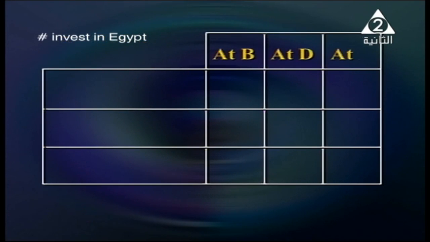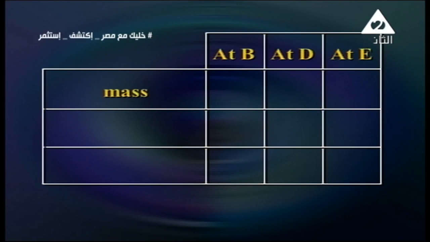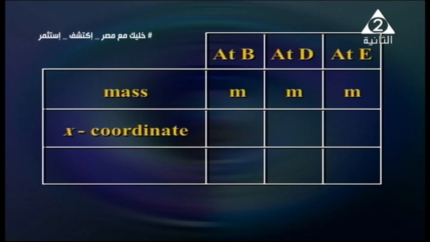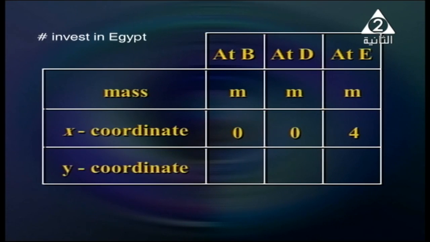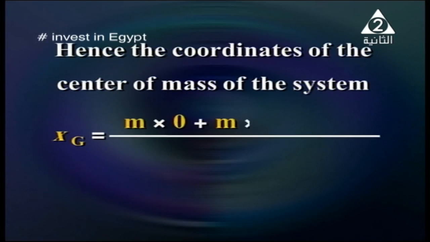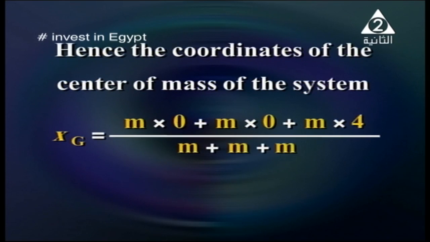Look at the table: at point B, D, E. What is the mass? M. X coordinates 0, 0, 4. Y coordinates 0, 3, 3. Then by using the coordinate of the center of mass of the system, xg equals M times 0 plus M times 0 plus M times 4 over the sum of the 3 masses, then xg equals 4 over 3.